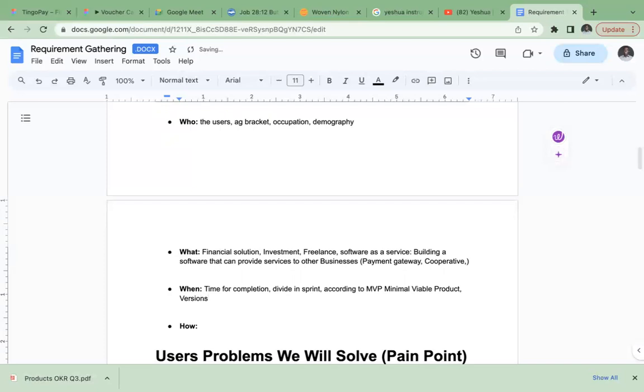So if we want to develop a financial technology solution and our first MVP is that this application should be able to send money and receive money. Only send money and receive money.